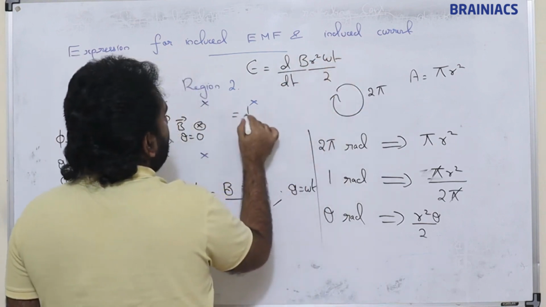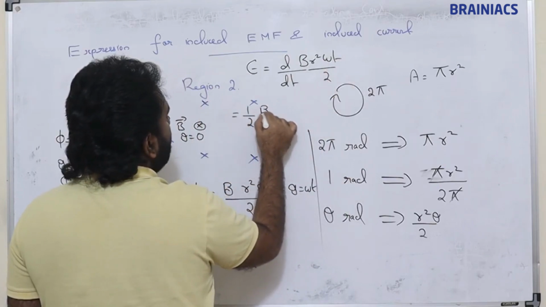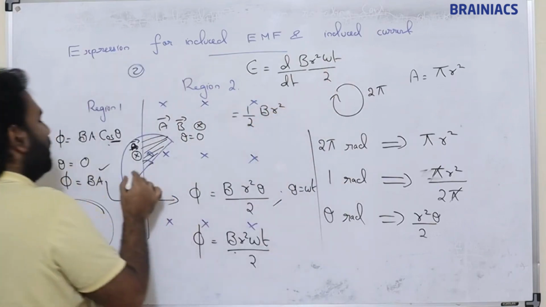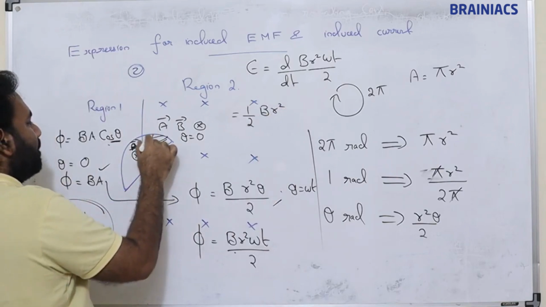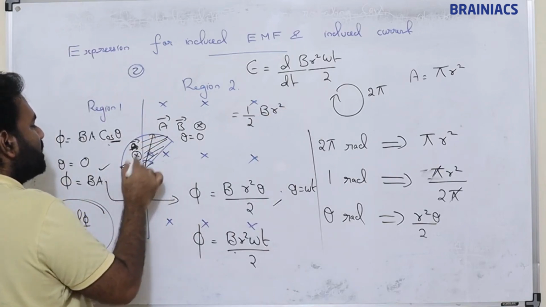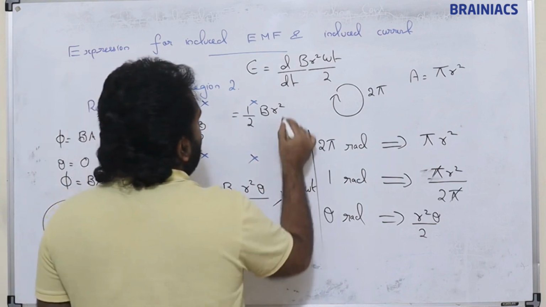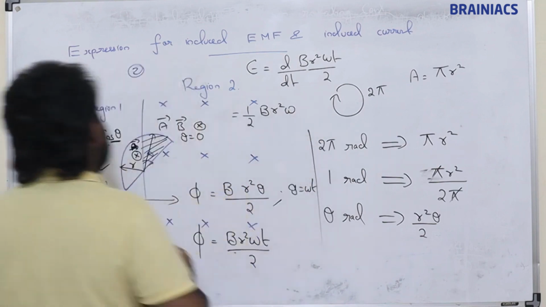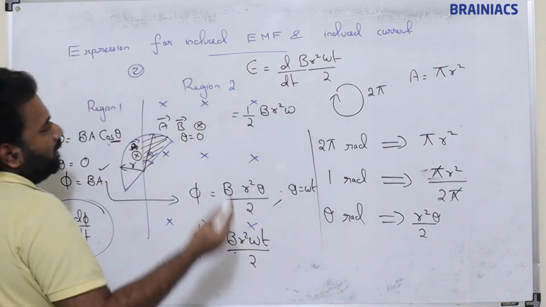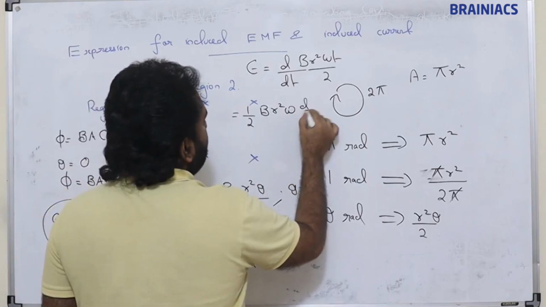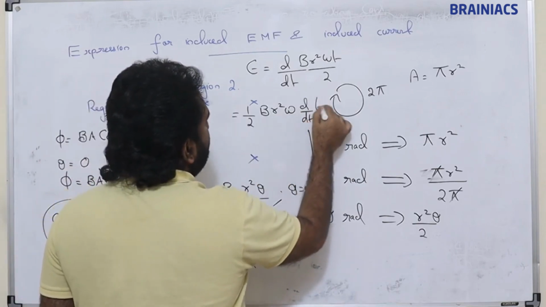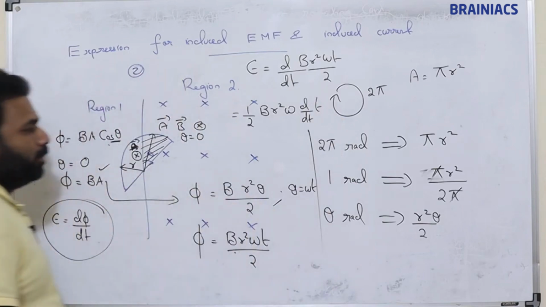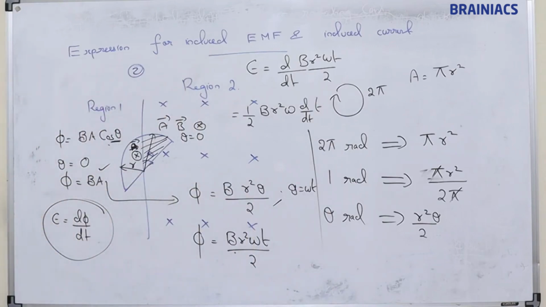Here r is the radius, which is constant, and omega, the angular velocity with which it is rotating, is also constant. Then d by dt of t is equal to 1. Clear? So the induced EMF I get is half B r square omega.